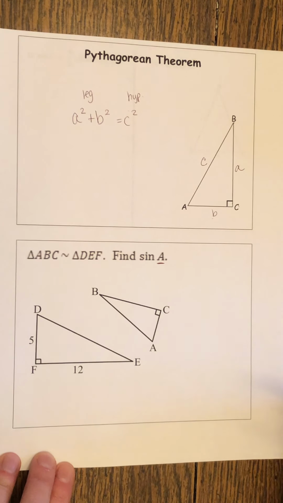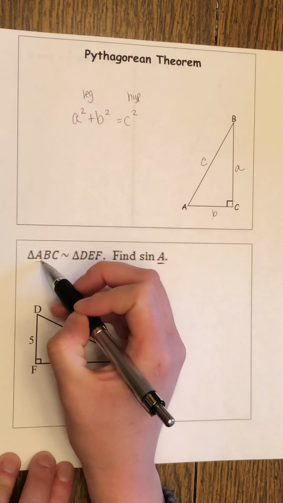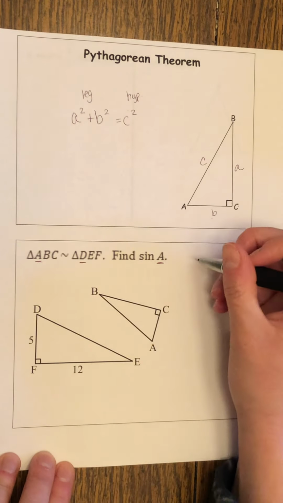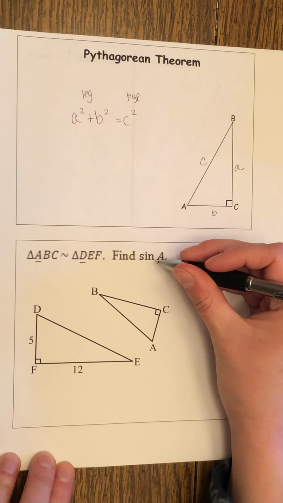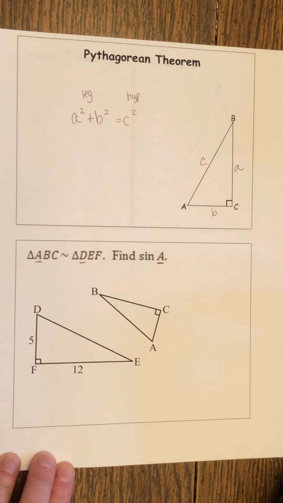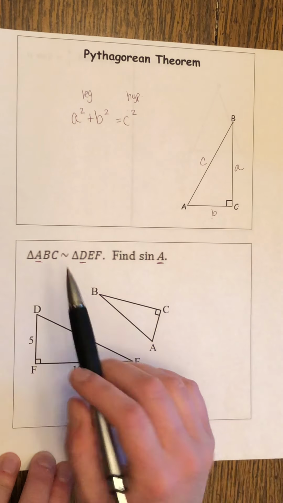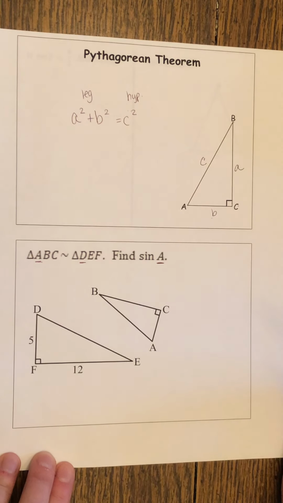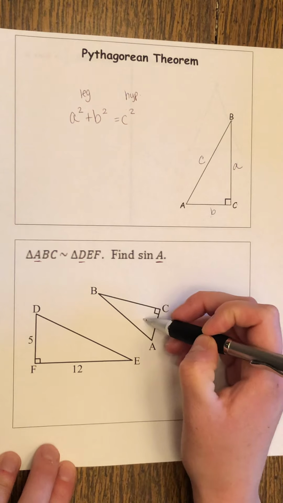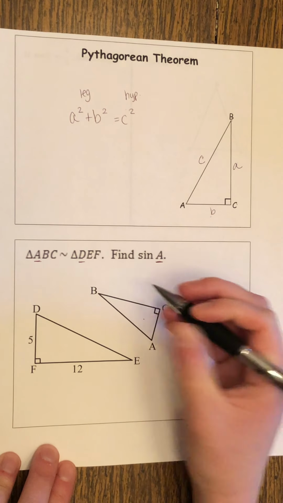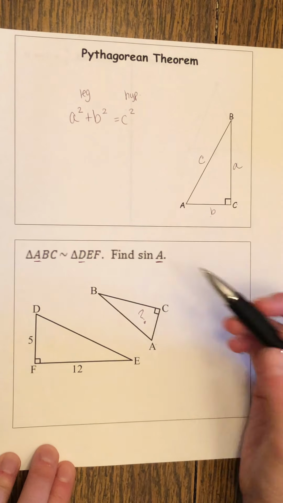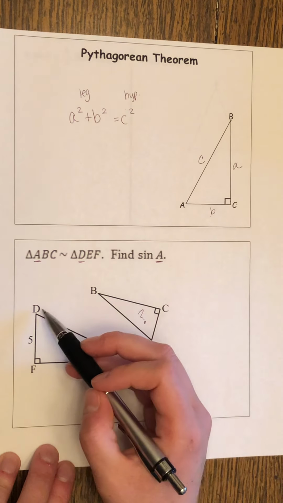So if I want to find the sine of angle A, it corresponds to D. Now, remember that sine is a ratio, and in similar triangles, corresponding sides are proportional, which means they simplify to the same ratio. So even though in this triangle where I have angle A, I have no side lengths, none, I know that A corresponds to D.